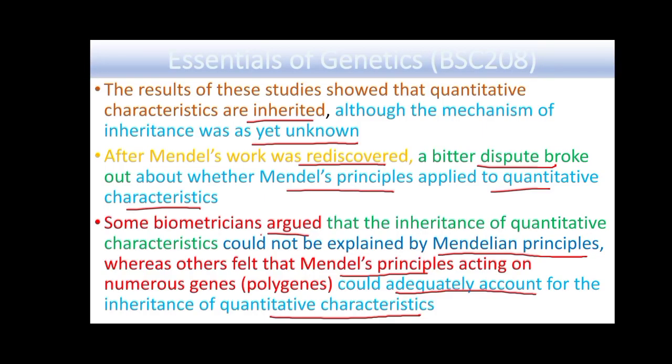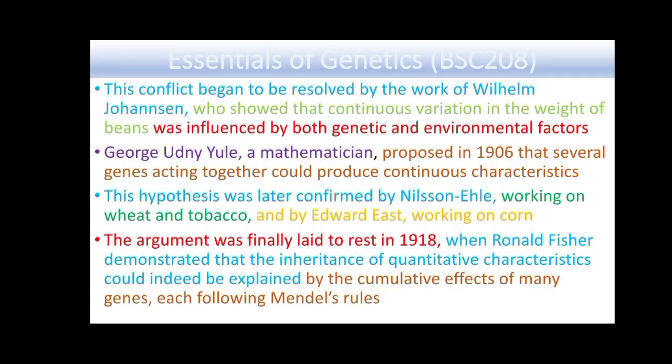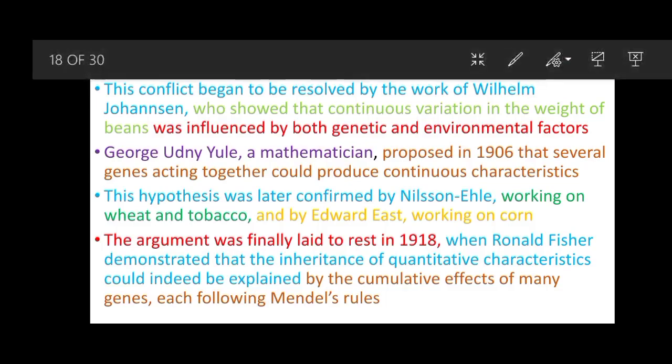This dispute continued, and the conflict then began to be resolved by the work of Wilhelm Johannsen, who showed that continuous variation in the weight of beans was influenced by both genetic and environmental factors.